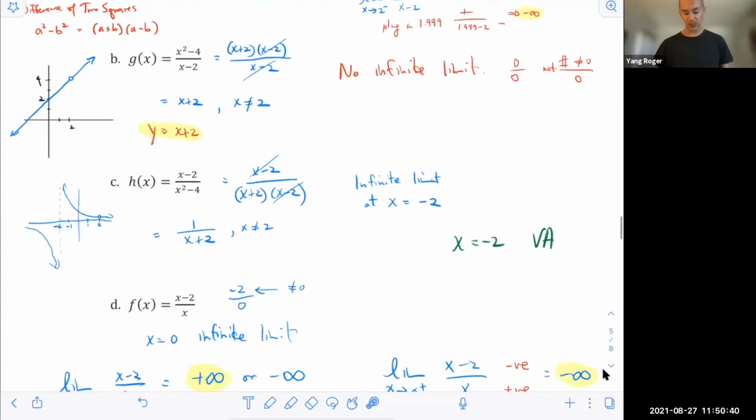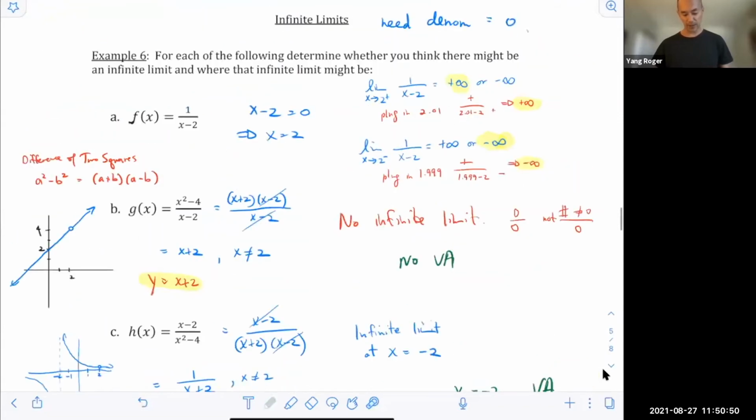When you look at this one, it has no vertical asymptote, because after I simplified it, I don't have a 0 on the bottom. You look at this one, x equal to 2 is a vertical asymptote. So anytime you get the denominator equal to 0, you're going to have a vertical asymptote, unless it can be canceled, like in B. Then you just get a hole. All right.